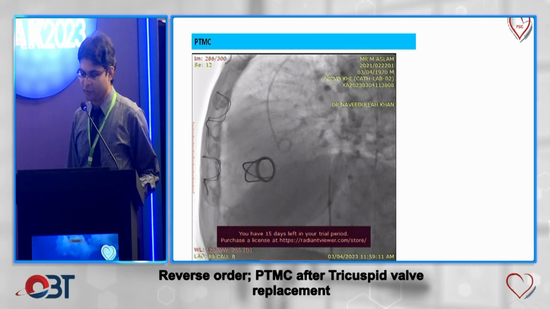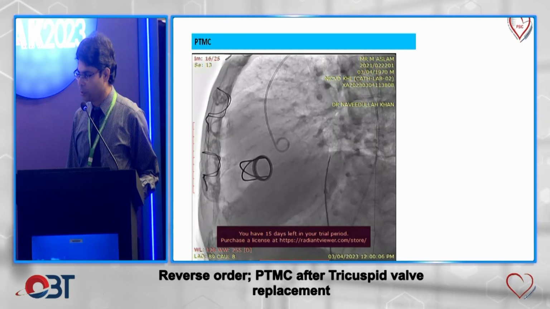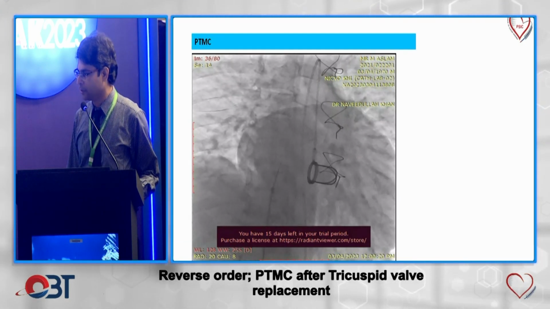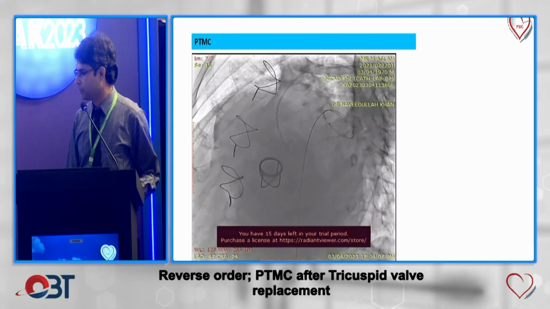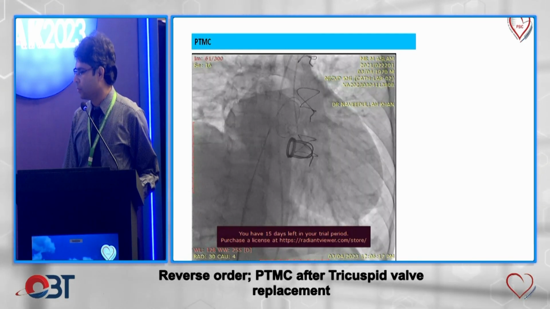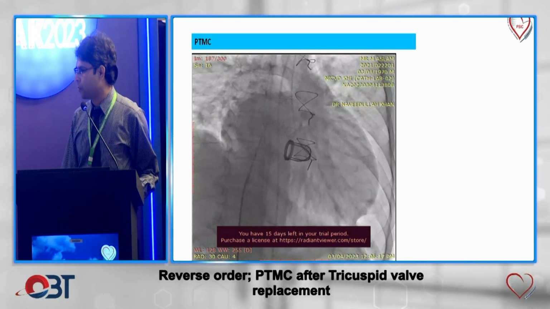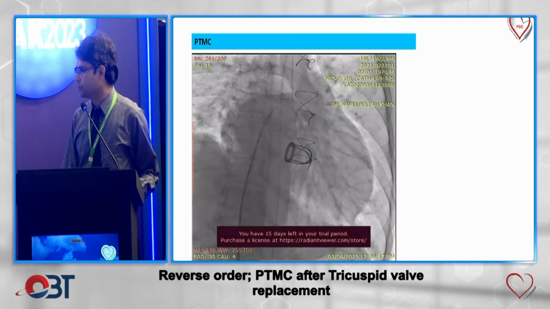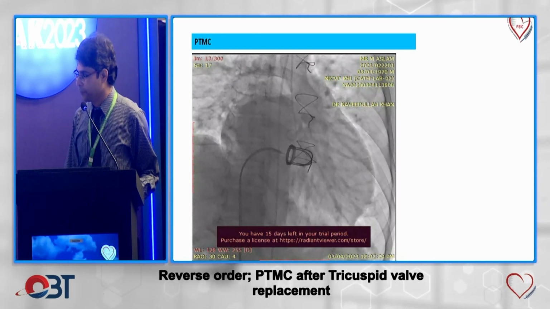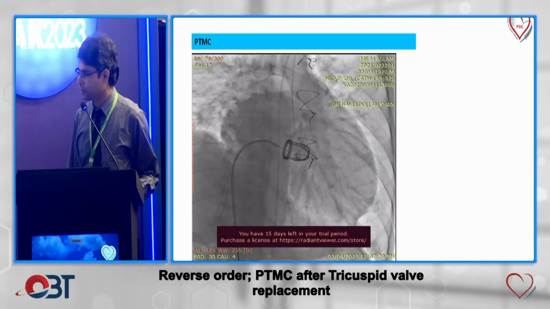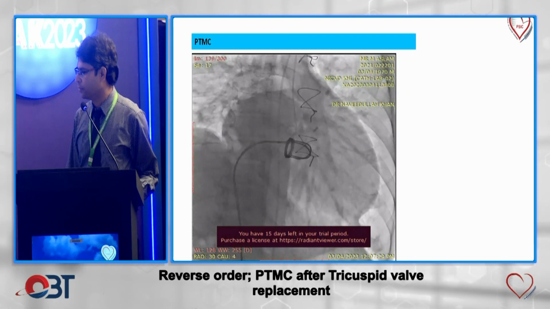We took so many steps before puncturing the septum because of the tricuspid valve. We entered the LA and the PTMC wire passed, and finally the balloon was inflated.